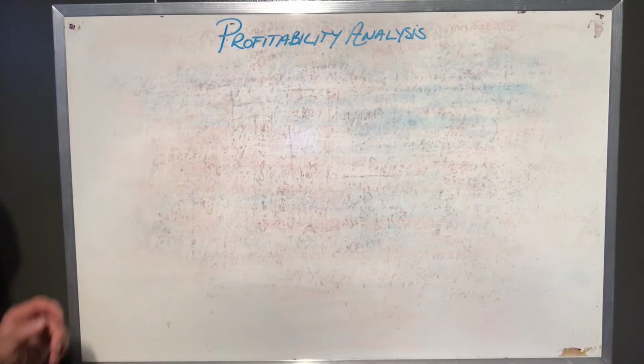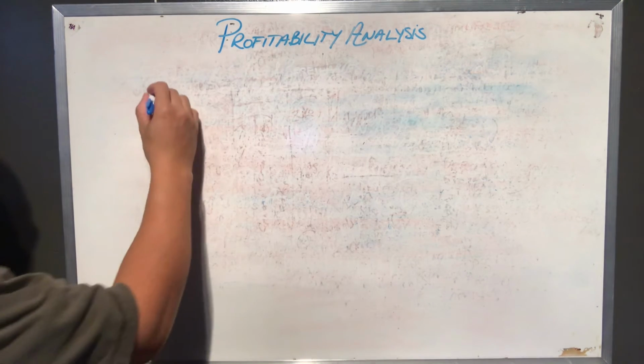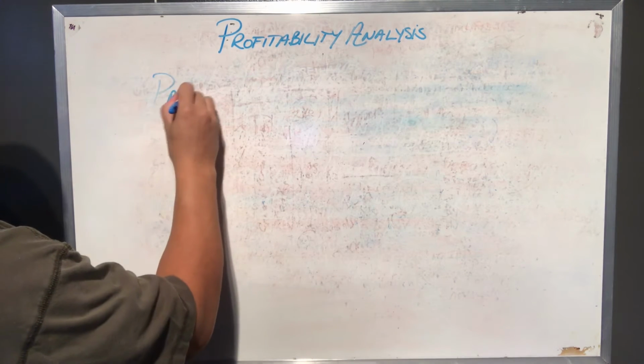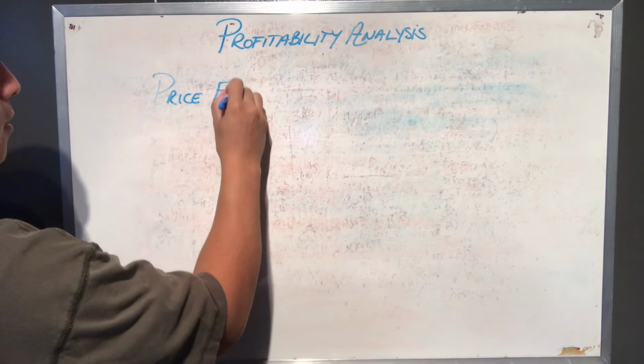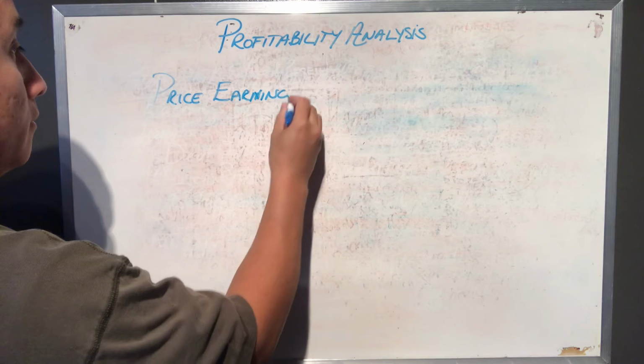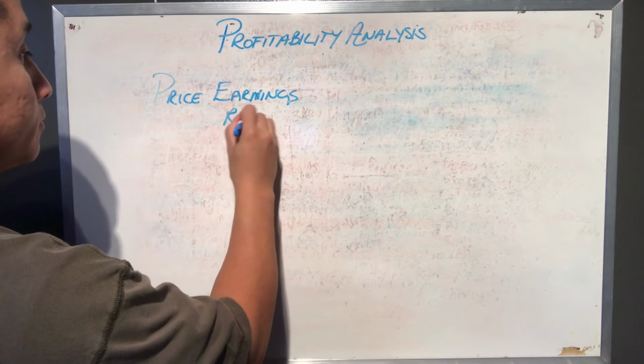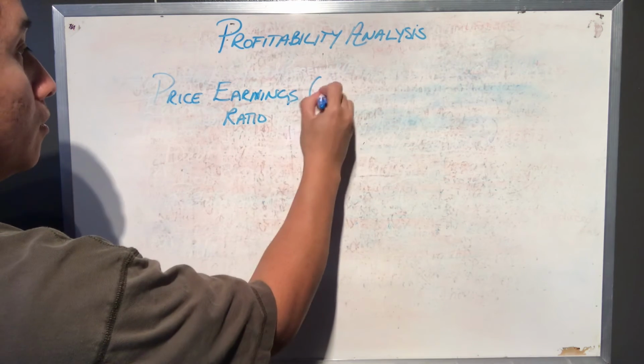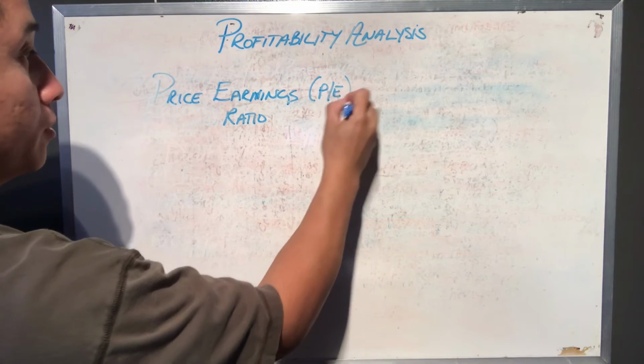Our last ratio that I'll just be going through today is called the price earnings ratio, or price earnings ratio.